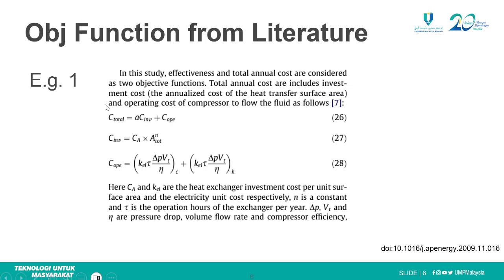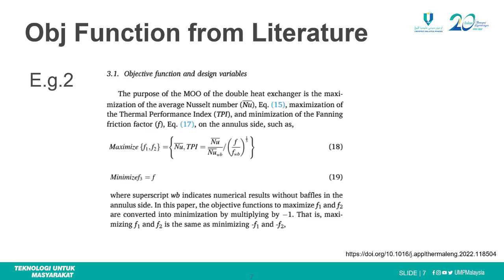So we can directly utilize this model. This is the first option. This is another example, a model from the literature. We can utilize this model as long as we really understand all the given notation and the given calculation.